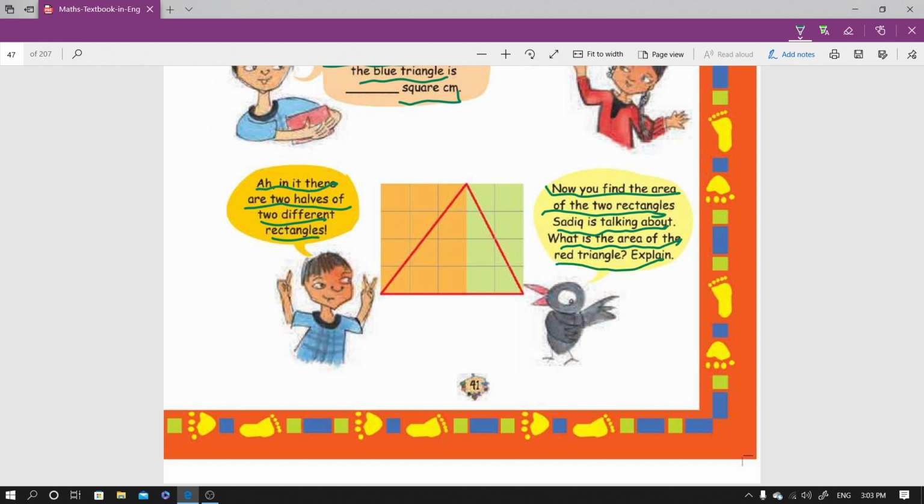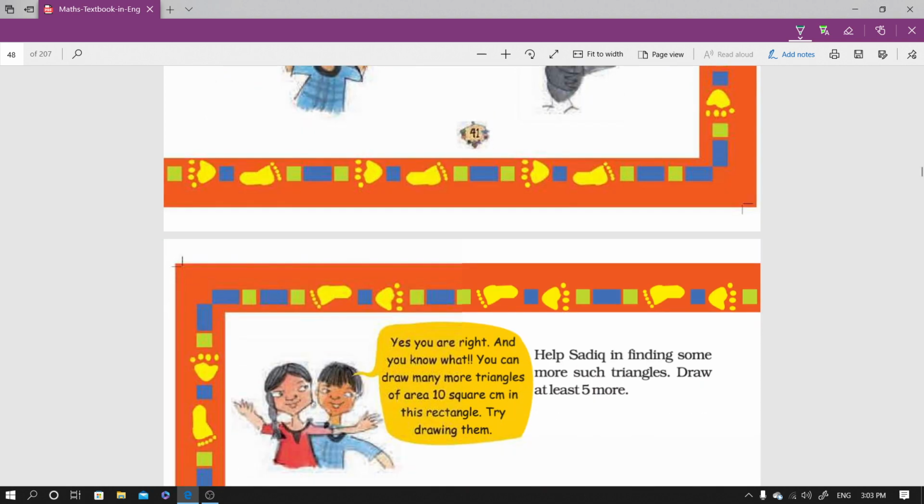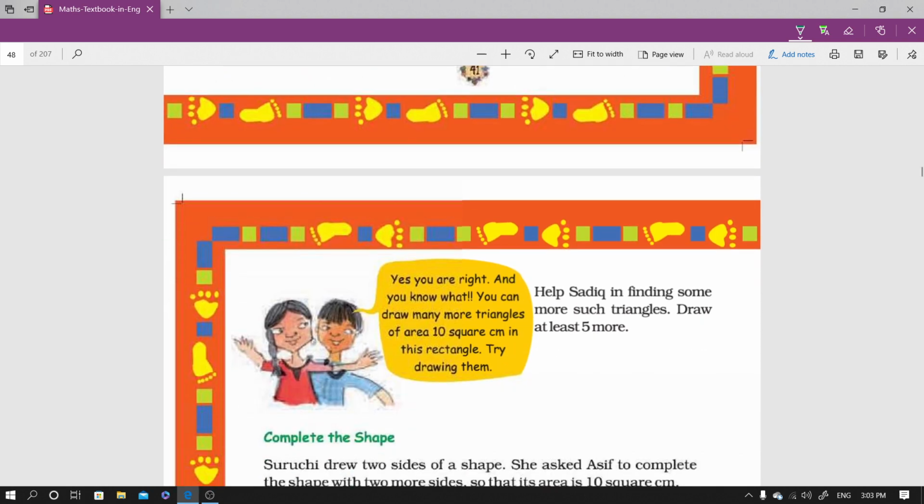Explain. જો બાળકો આ રેડ માં આ જે લાઈન મેં દોરી એ વધારે છે, આ લાઈન ઓછી છે, નીચેની લાઈન બરાબર છે. Yes, you are right, and you know what, you can draw many more triangles of area 20 square centimeters in this rectangle.